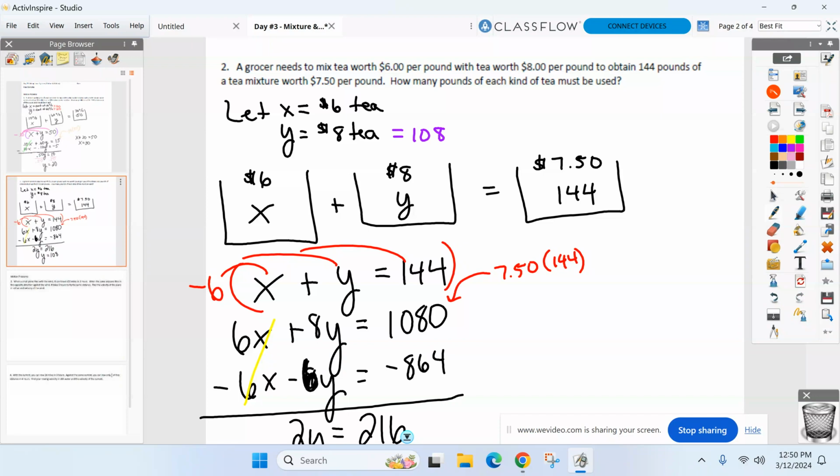Which would mean if I need 144 pounds total, we're getting 36 pounds of the $6 tea.